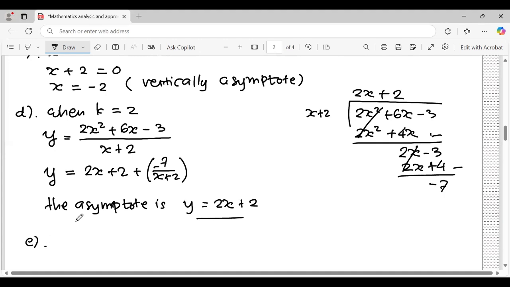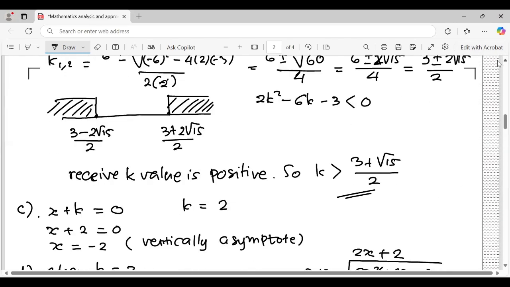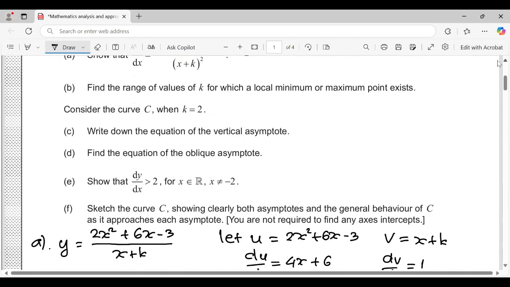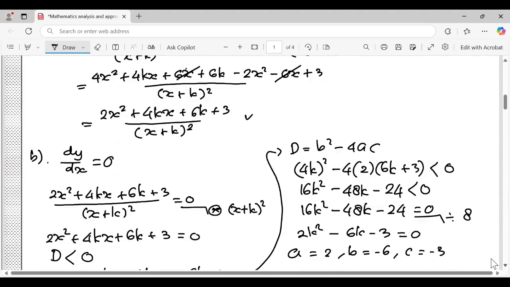Next question, E. Show that dy/dx is greater than 2 for x a real number, x not equal to minus 2.